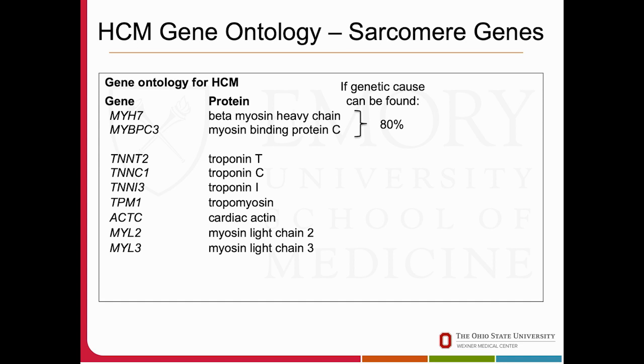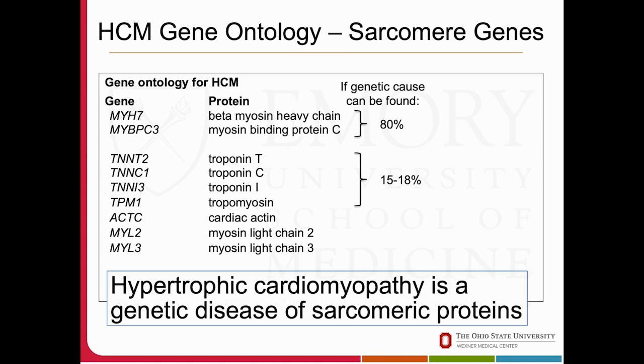Then if you add the troponins and tropomyosin, you get almost 98% of genetic cause. And as you know, hypertrophic cardiomyopathy is a genetic disease of sarcomeric proteins. And in general, hypertrophic cardiomyopathy is primarily a monogenic disease. There is some evidence of multiple mutations, but it's really 1 or 2 or 3%.